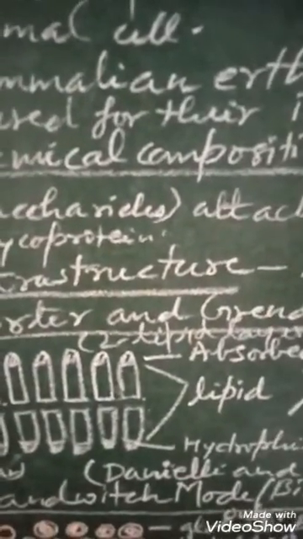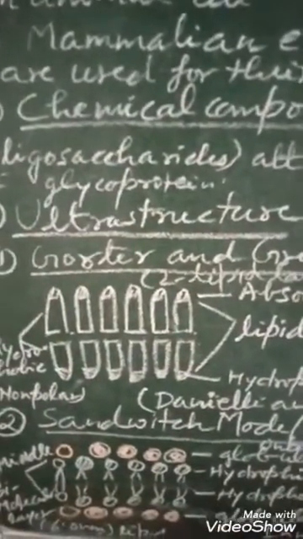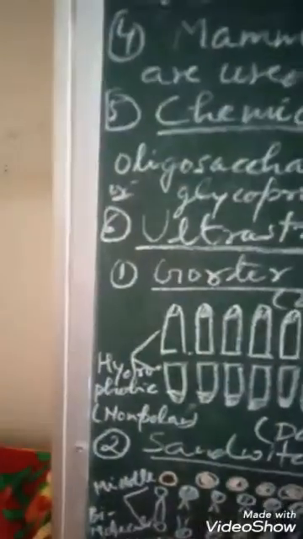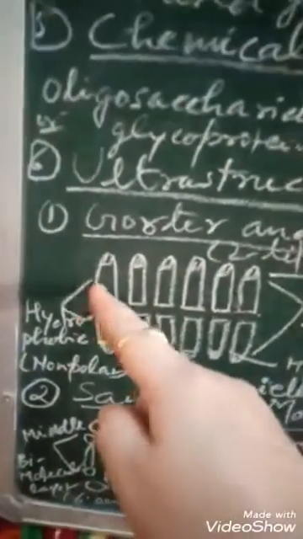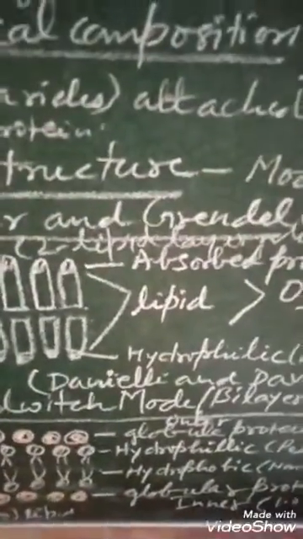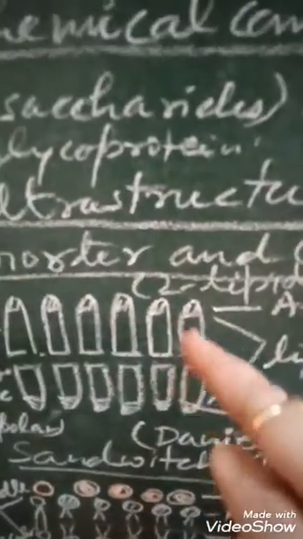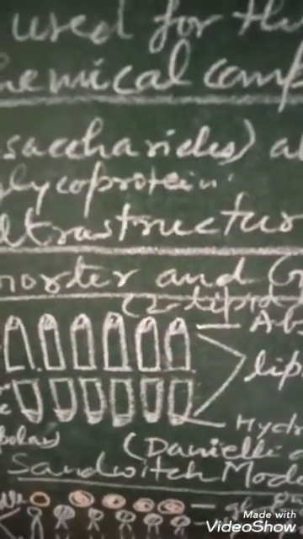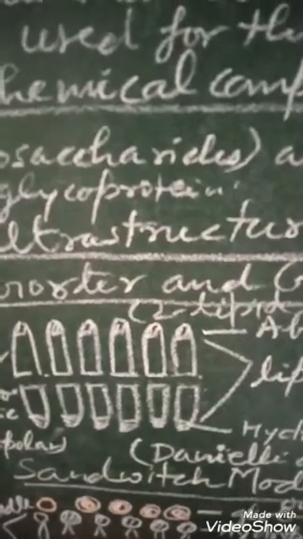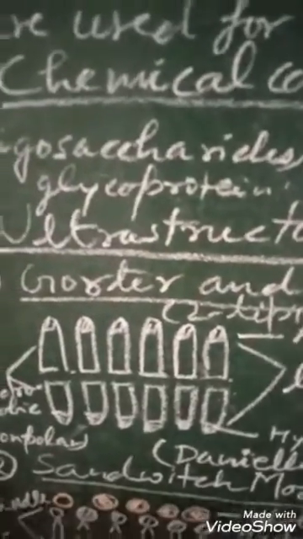It means the membrane, according to this model, was supposed to be composed of only two lipid layers, with inner or central hydrophobic non-polar ends, while outer ends were hydrophilic or polar. So if the plasma membrane is composed of only two lipid layers, how could ionic materials pass through this membrane? So this model was rejected.